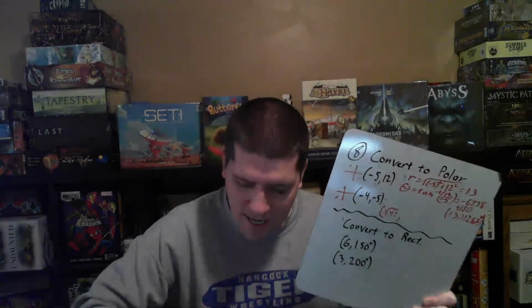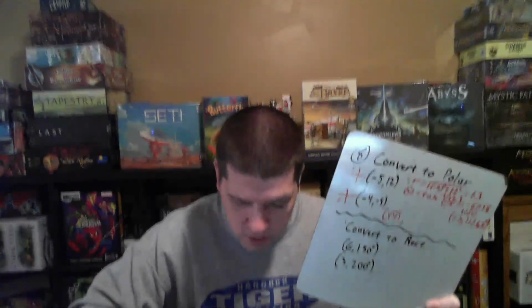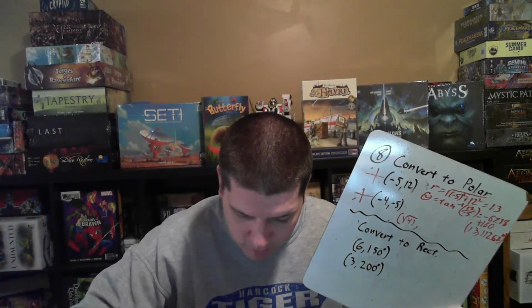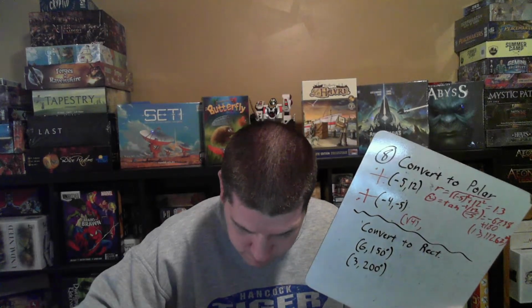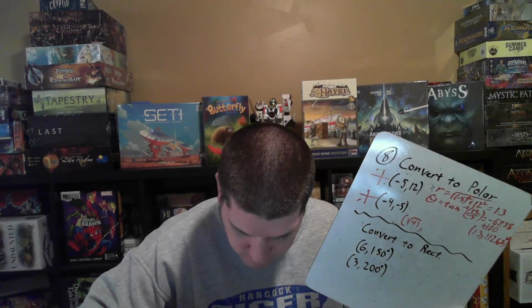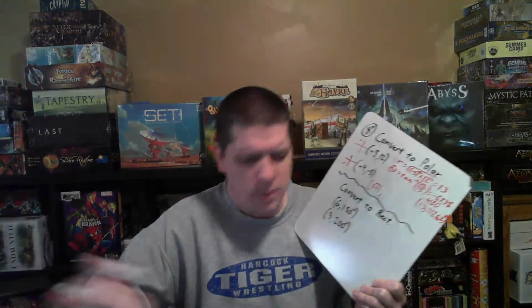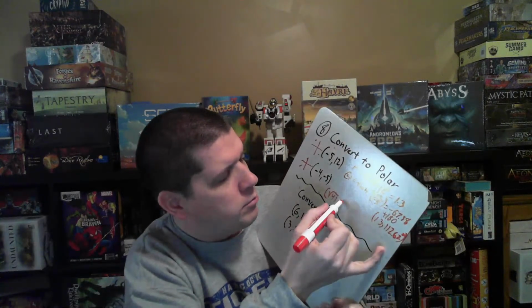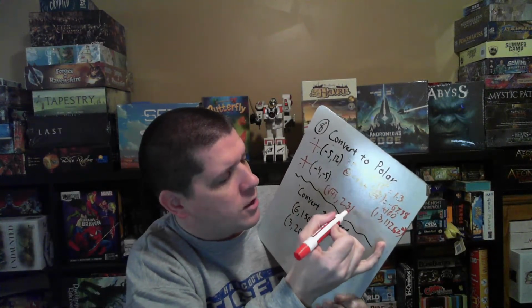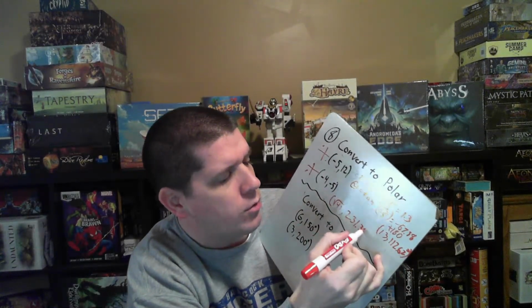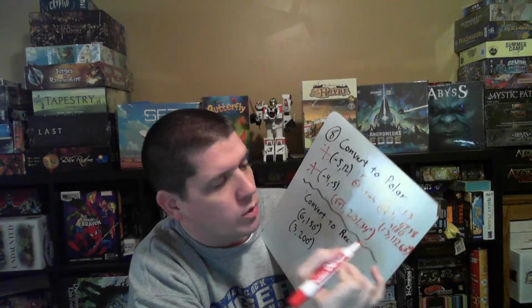So I need to go ahead and add 180 degrees. I hit times on my calculator. Crud. Add 180 degrees. Can I say crud on YouTube? I don't know if I can. Better than some other things I could have said. We have 231.34 degrees.